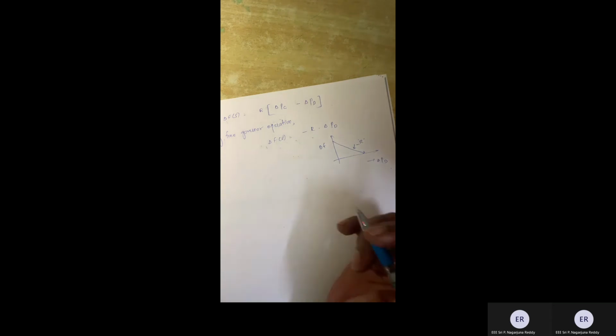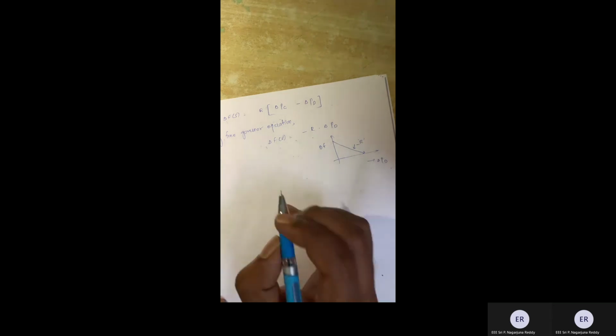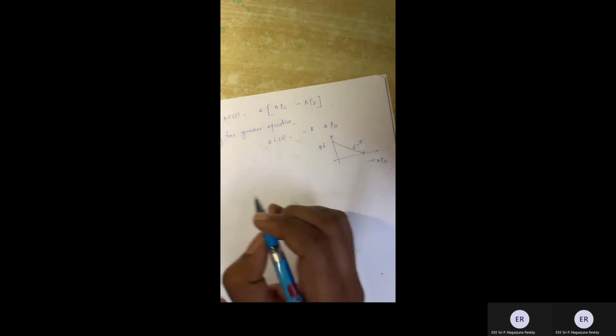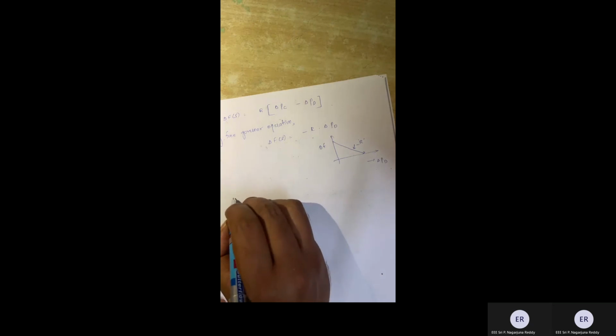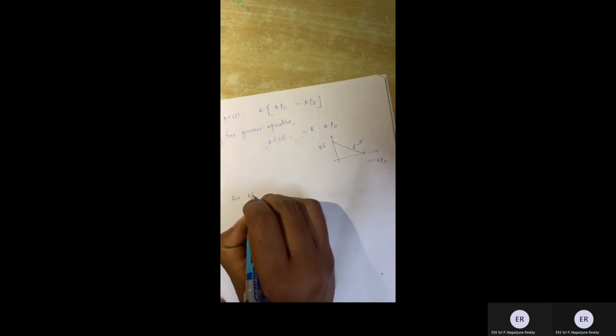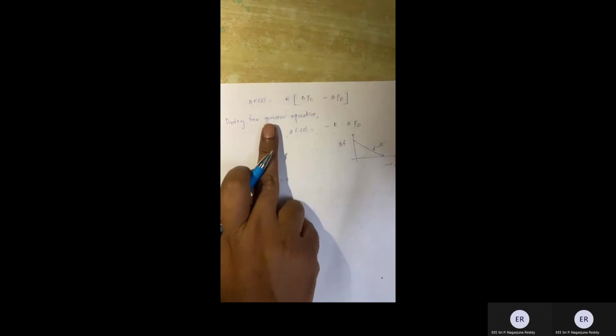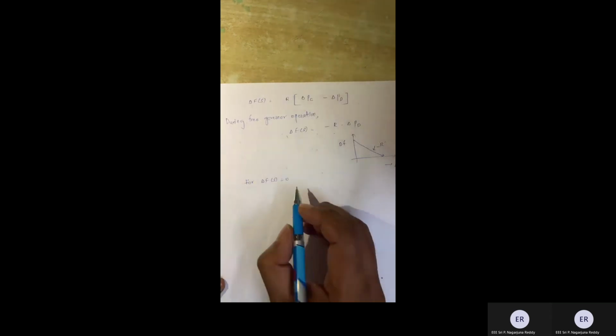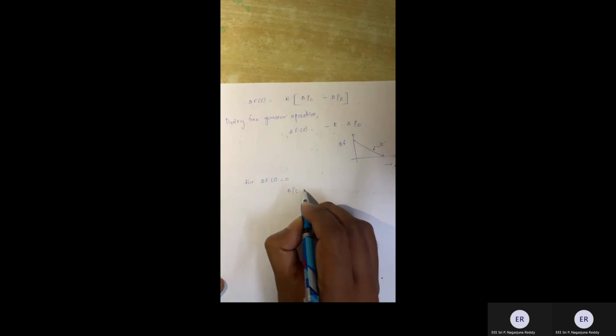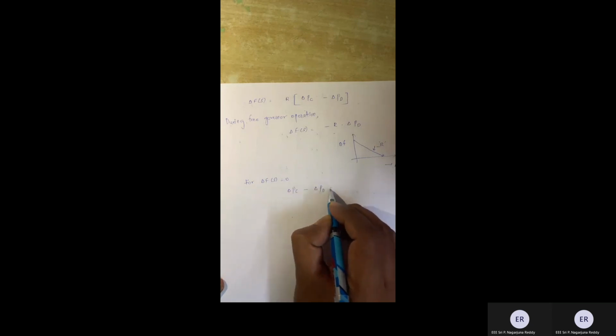Before moving into the dynamic response, I would like to state one thing. If I need delta f of s to be 0, what should I do? Delta PC minus delta PD must be 0.